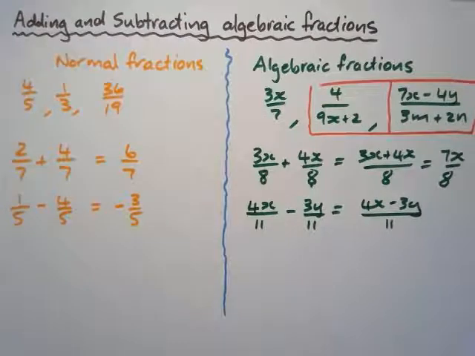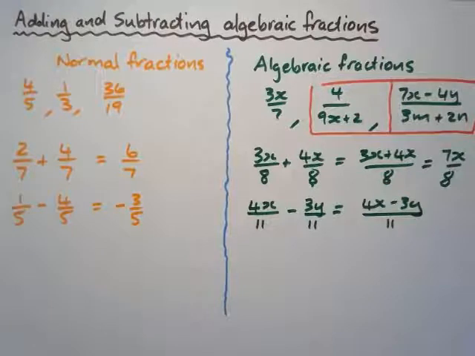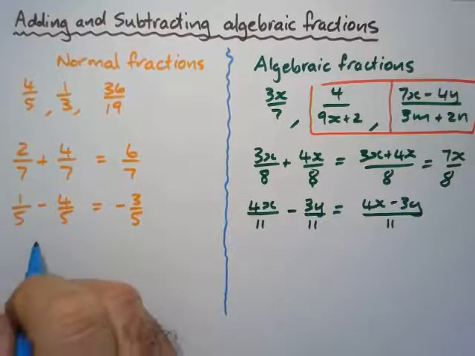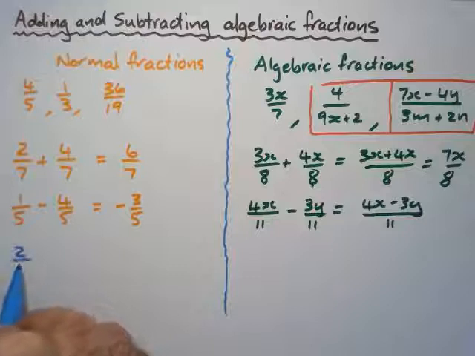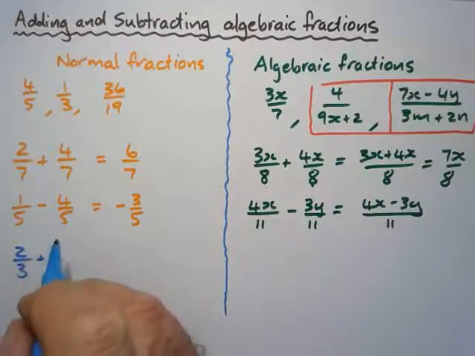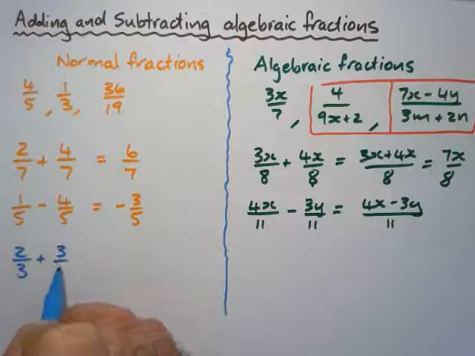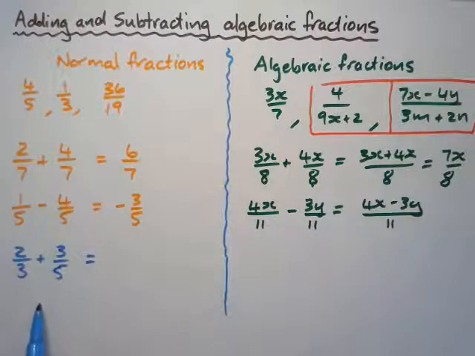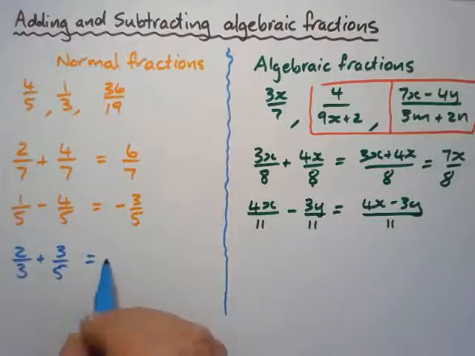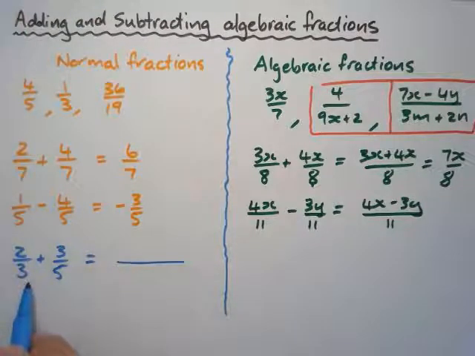Now, I'm going to change colors. I'm going to go to blue and a lighter green. So if we say 2/3 plus 3/5, the only way we could do this is if we found a common denominator. We look at the lowest common multiple for 3 and 5.